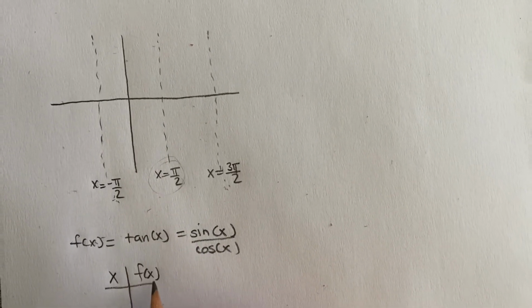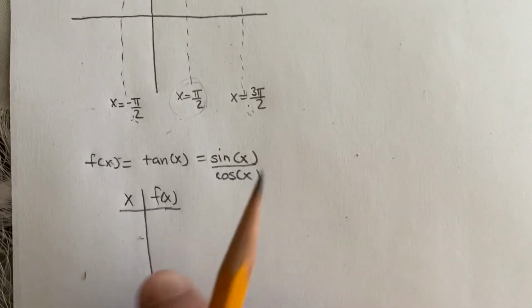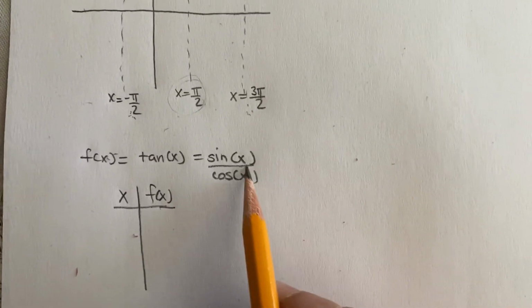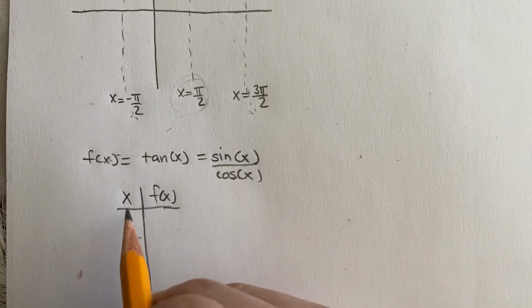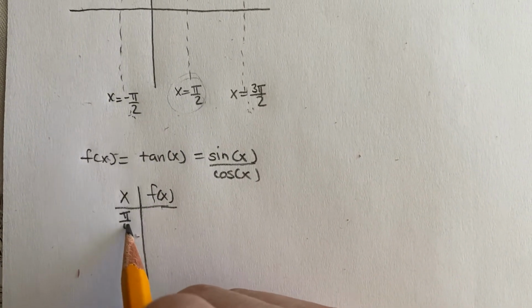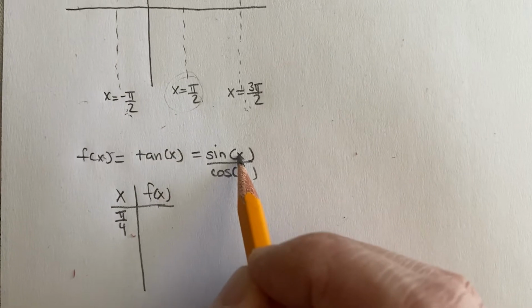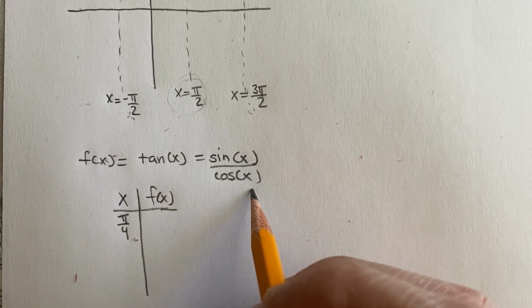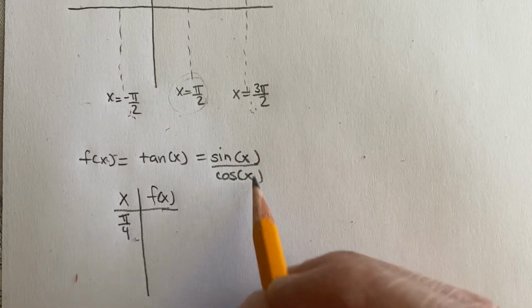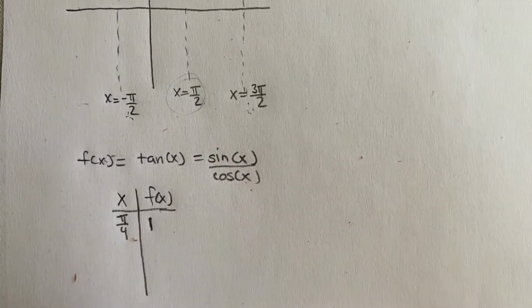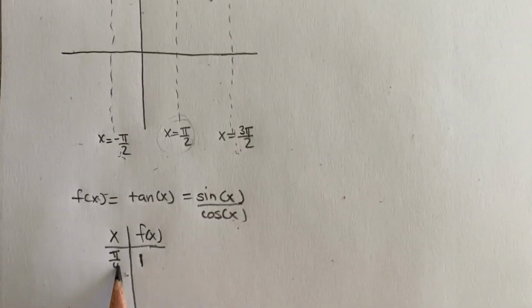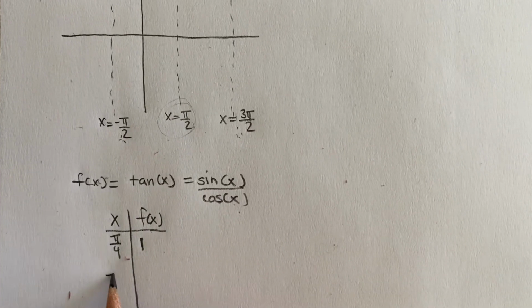Well, based on my knowledge of the unit circle, if I plug in pi over 4, the sine of pi over 4 is root 2 over 2. The cosine of pi over 4 is also root 2 over 2. Well, root 2 over 2 divided by root 2 over 2, that's a nice number. That's just 1.